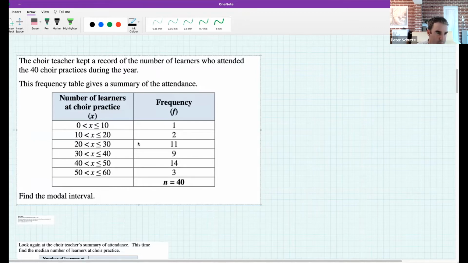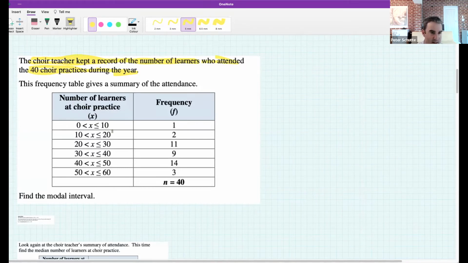Okay, let's read through this. So it says, a choir teacher kept a record of the number of learners who attended 40 choir practices during the year. So there were 40 choir practices. The intervals are for number of learners at choir practice. And it says there was one occasion over the year where only between 0 and 10 people came to choir practice.